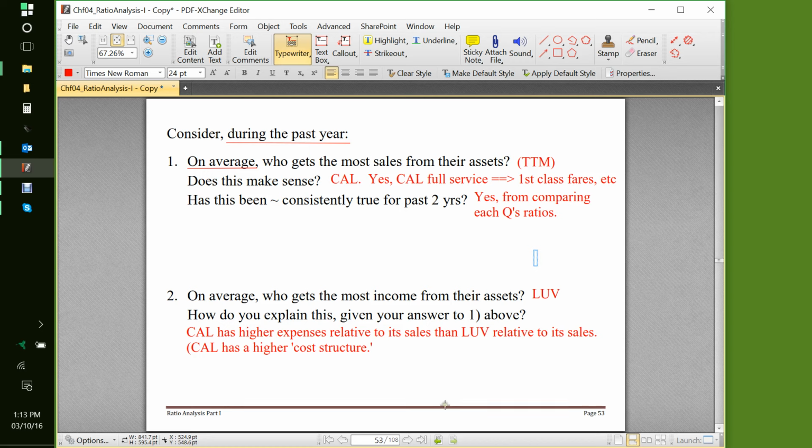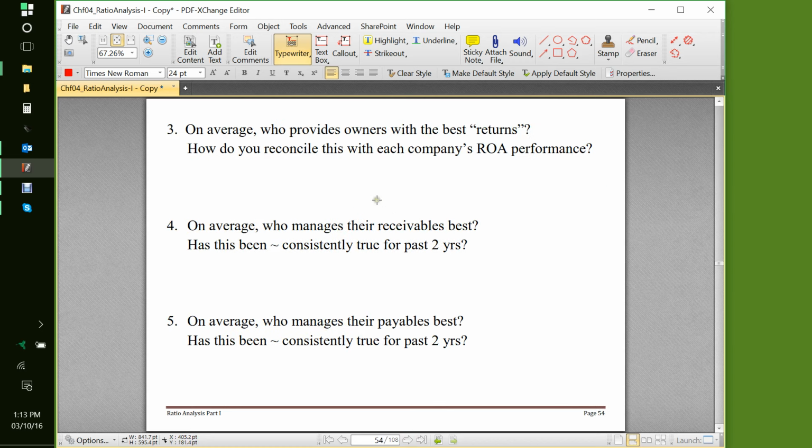All right, so far so good here. On average, who provides owners with the best returns? How do you reconcile this with each company's ROA performance? What's important here, part of the issue with this ratio analysis, is to figure out which ratio to look at to answer a given question.